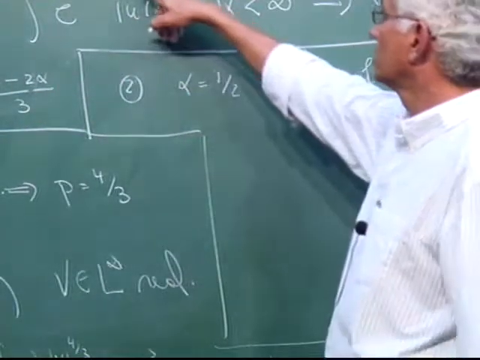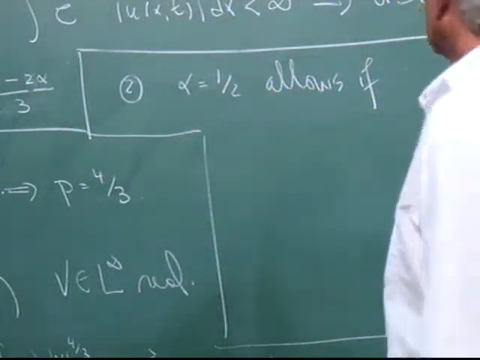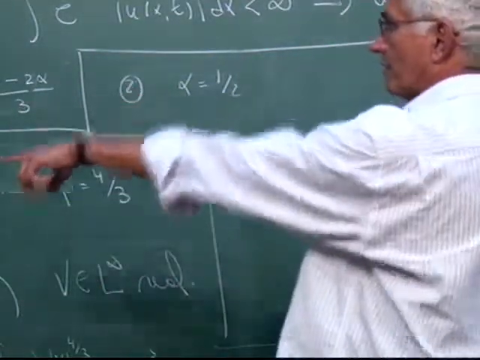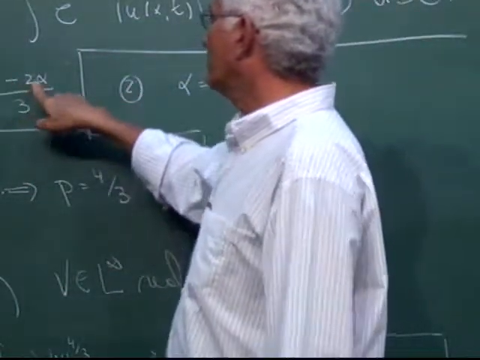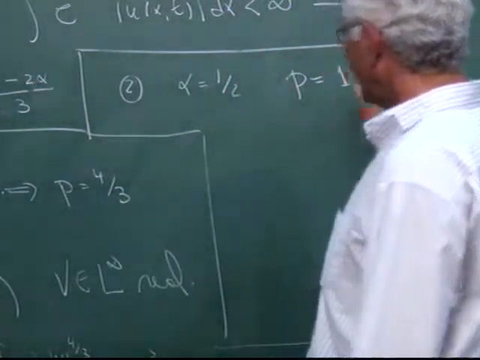When alpha is equal to 1/2, P should be equal to 1.